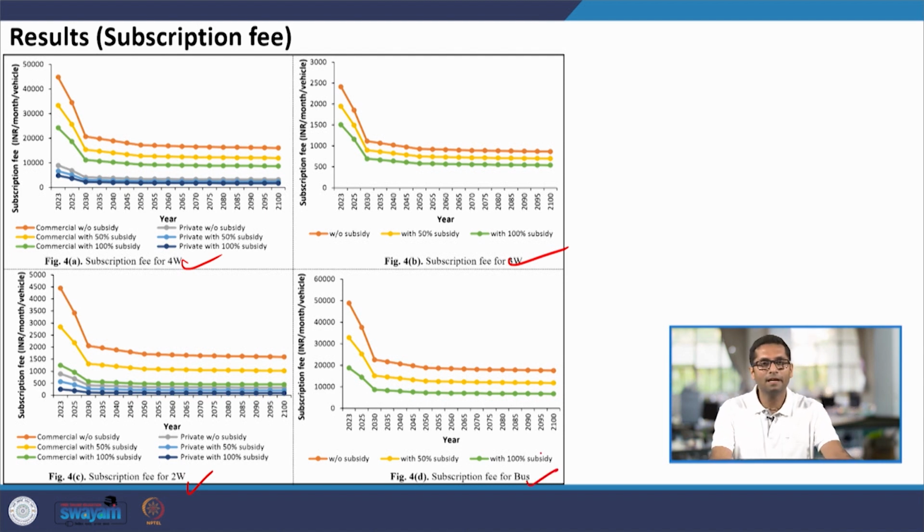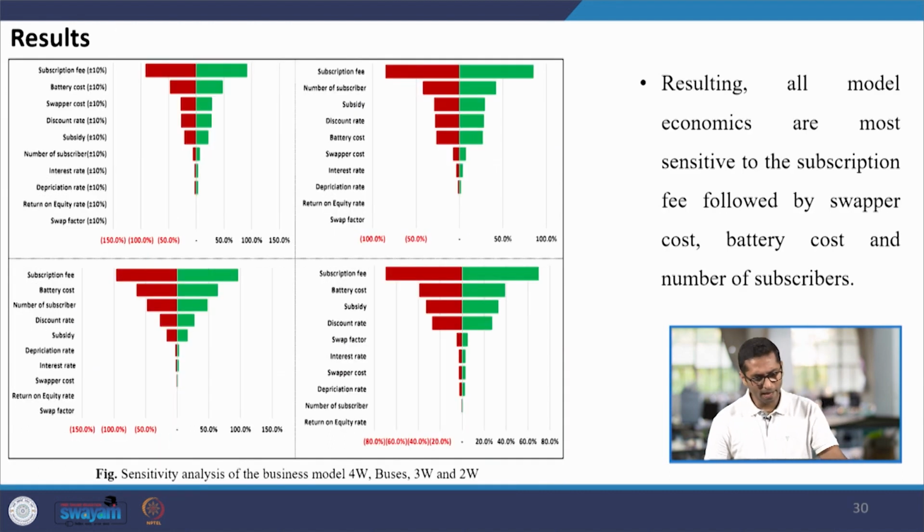We are expecting that there is going to be a drastic reduction in the price of batteries in the future, and the subscription fee is linked to the battery price, because this is where the investment is happening, and that is why you can see after 2030 the subscription fees would be changing. So, the subscription fees that we have come up with are very dynamic in nature, and normally you would also calculate a sensitivity.